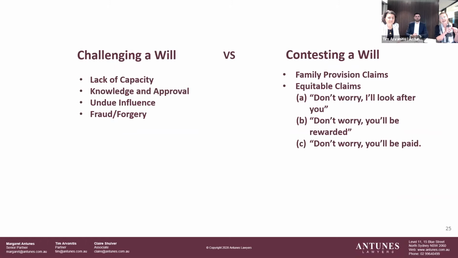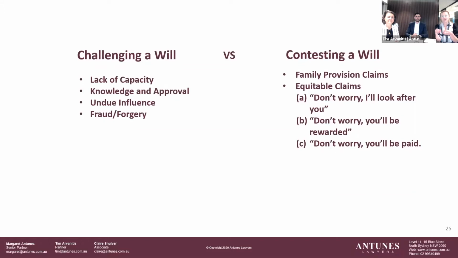The other way that you can make an application to the court in regards to a will is under contesting a will. And they're your family provision claims. And Margaret's mentioned the kinds of people that can make a claim on your estate. Those are the eligible people, and they're the only people that can make a claim on your estate.